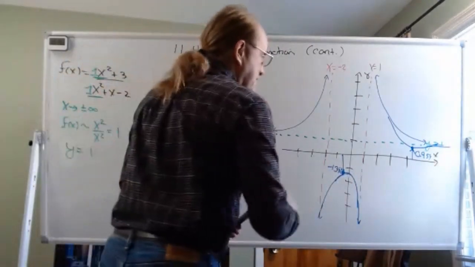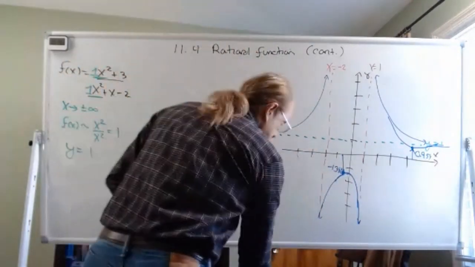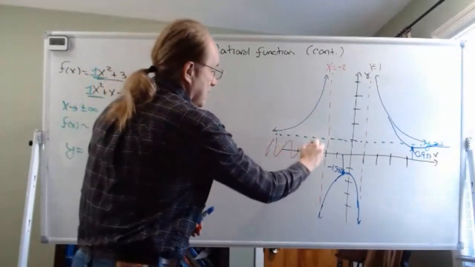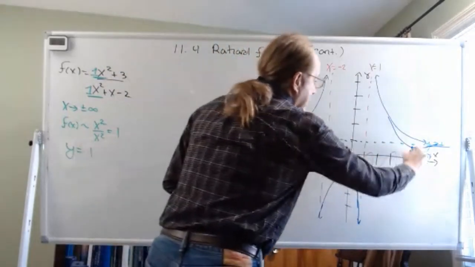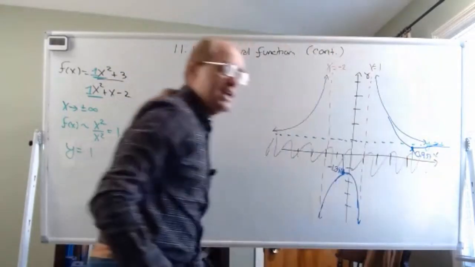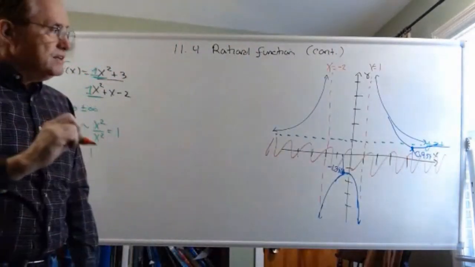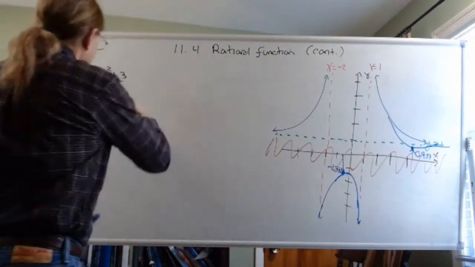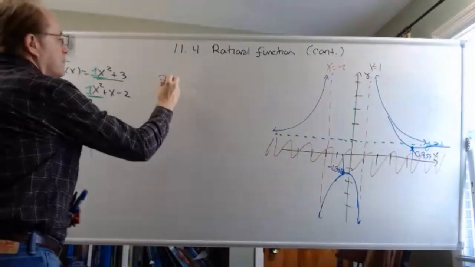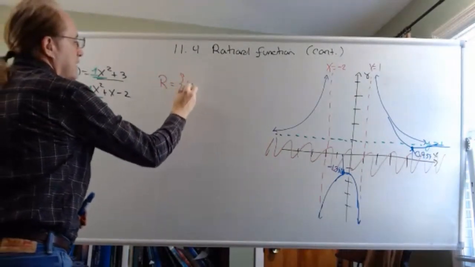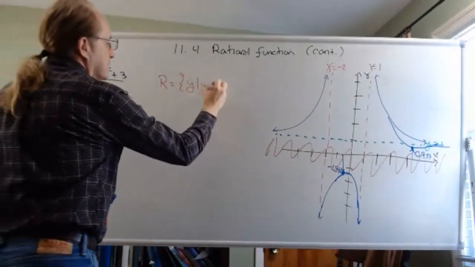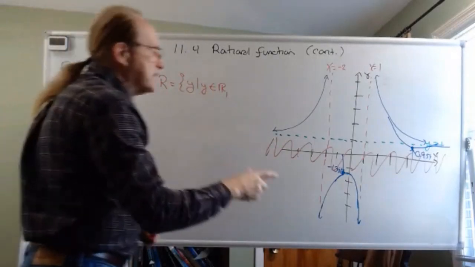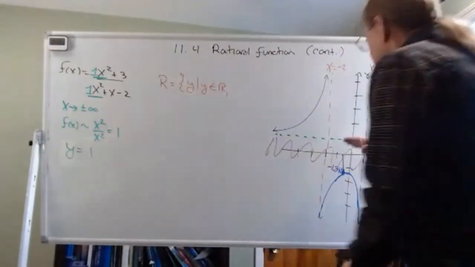Notice in this region here, all this region here, this is a dead zone. All throughout here, I will not get an output. So that's why the ranges for these functions are really subtle and difficult. If I want to look at the range of this function, I could do it approximately. It's the set of all values y. y obviously is a real number, and y has to be approximately between these things.